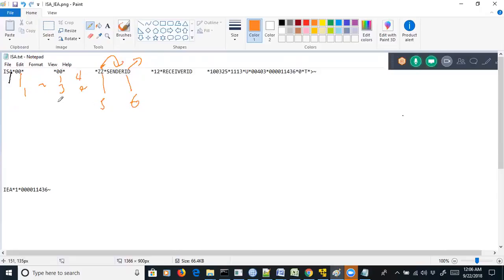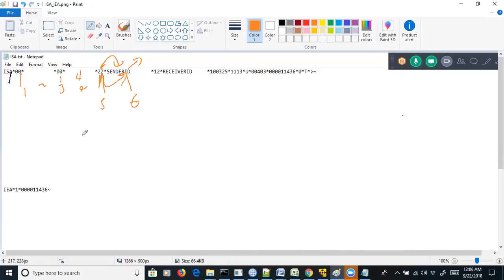It can be a user ID, it can be a tax file number, it can be an SSN, and there are many other codes to uniquely identify your organization. This field identifies what kind of information will be in the sixth field.